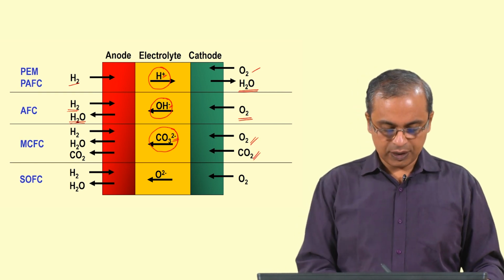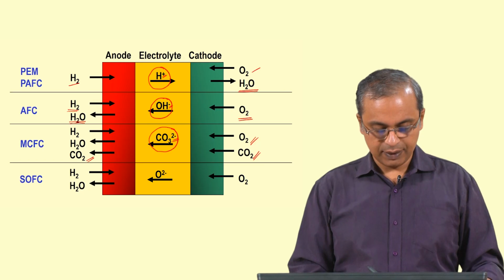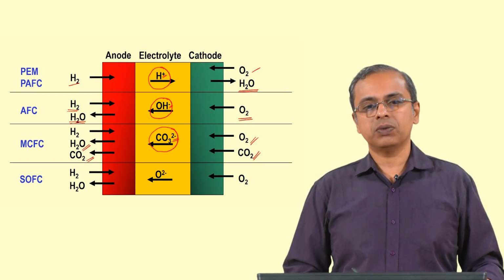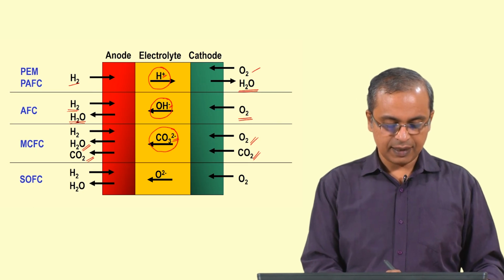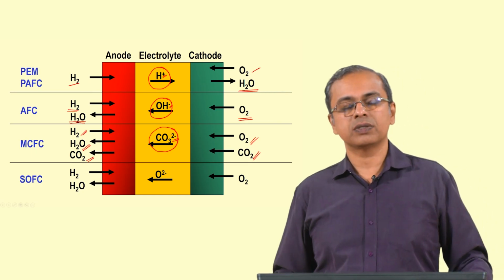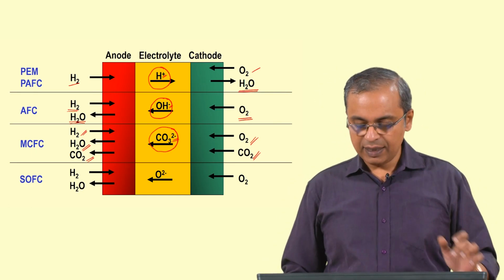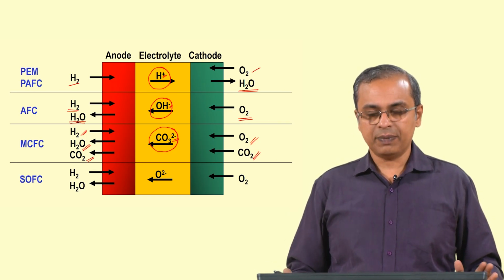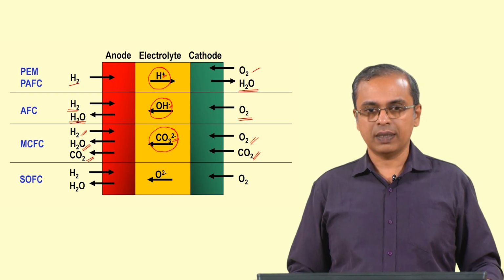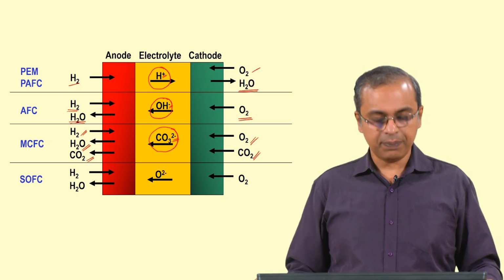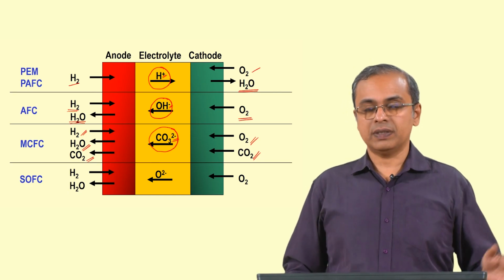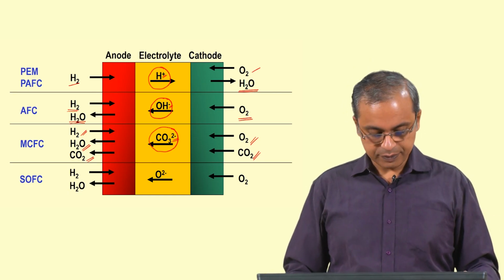The CO2 also shows up at the anode side, you have product water being formed at the anode side, and of course, the reactant hydrogen being introduced in the anode side. So, you have hydrogen here, oxygen here, and based on the reactions that are occurring, you have CO2 showing up at both places, and then you have this CO3 2 minus ion which is going from the cathode to the anode.